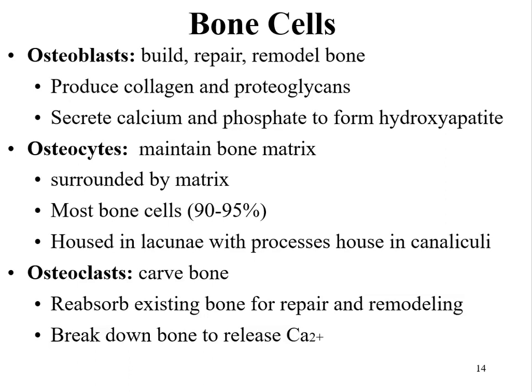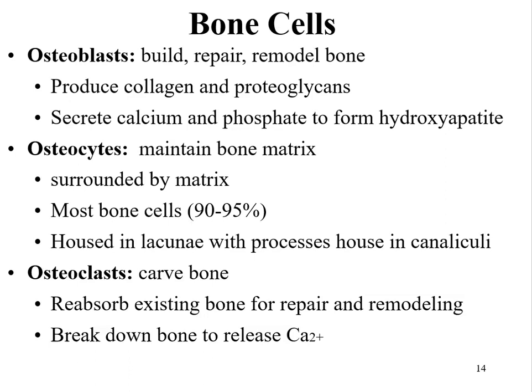So they're surrounded by that lacuna, connected through those canaliculi, and they respond to day-to-day changes, making sure that bone tissue remains healthy. Osteocytes comprise most bone cells, the vast majority, almost all, 90 to 95%.